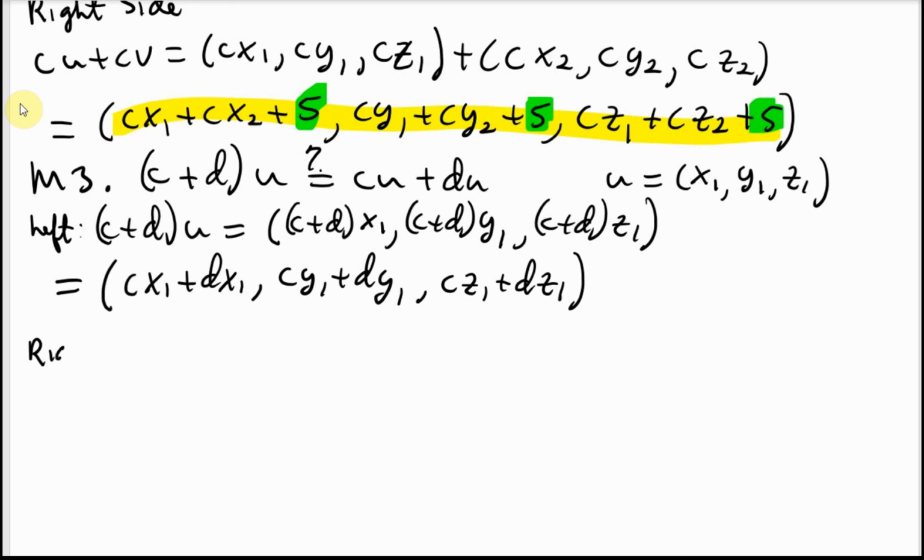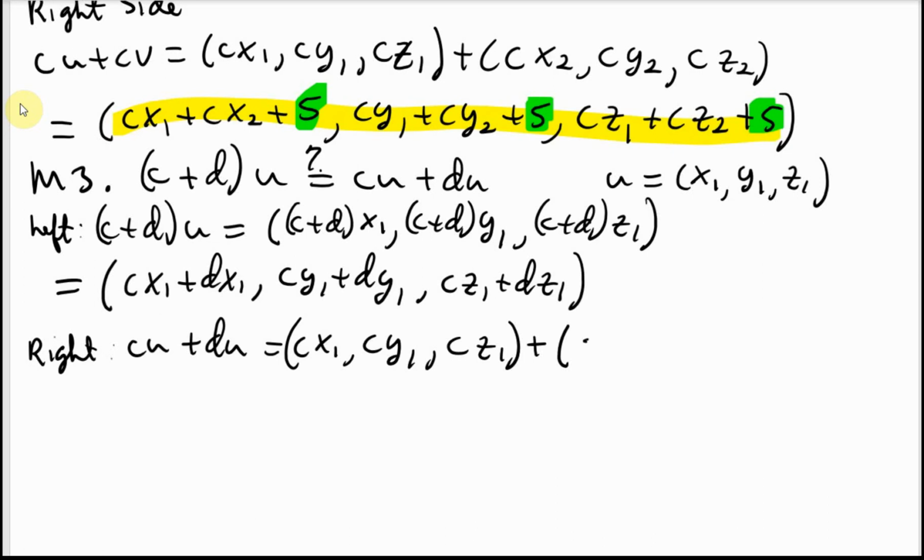Now for the right, this is cu plus du. So this is c x sub 1, comma, c y sub 1, comma, c z sub 1.